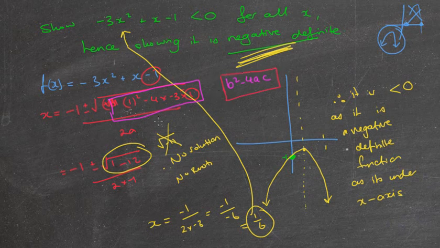Because when I put that number there, if it's a negative number, we automatically know it has no solution, because we can't square root a negative number. Now, often we refer to this as delta. And we say if delta is less than 0, we have no roots. If delta is equal to 0, then we have 1 root. And if delta is greater than 0, we have 2 roots.